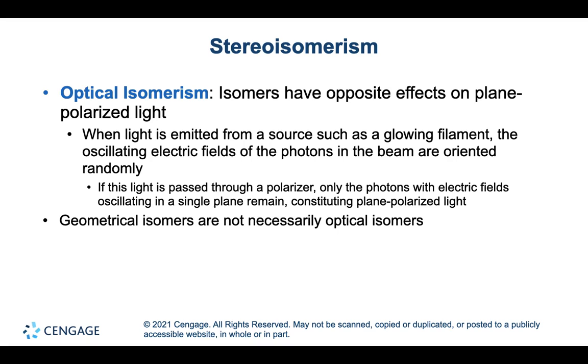Optical isomerism is where, if you have some polarized light passing through the chemical, you'll see that it rotates the electric fields of the photons in different ways. Well, actually, it's called optical isomerism, or chirality is another term that they sometimes use for that.